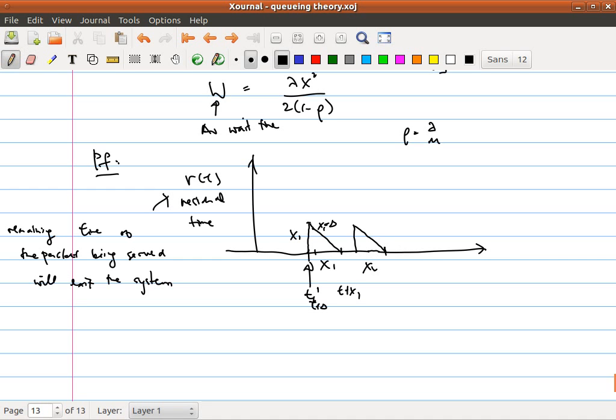So immediately when the second packet exits the system, the third packet is served, and the residual time jumps to x3, and so on: x4, x5, and so forth.